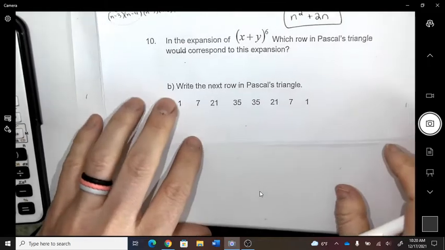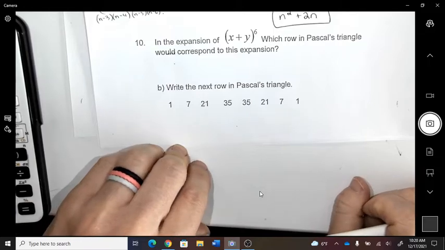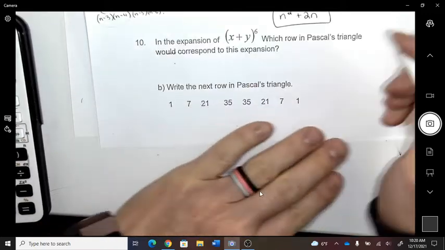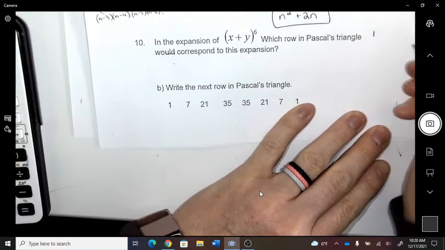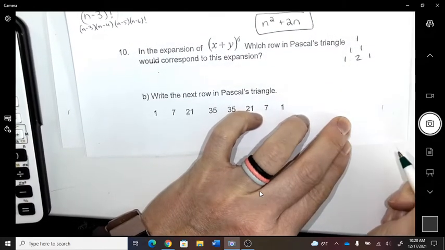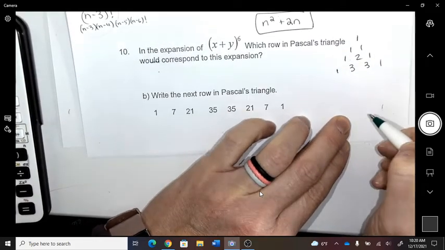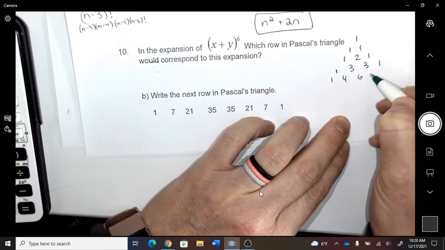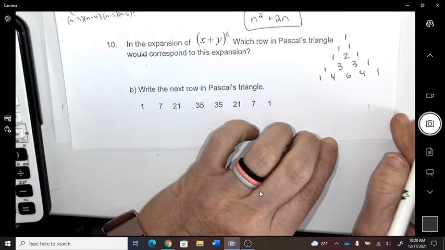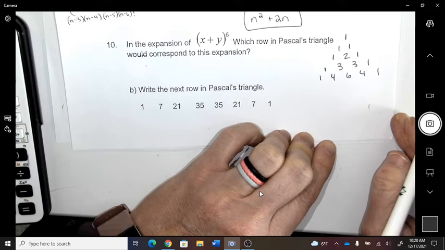Okay, in this expansion, which row in Pascal's triangle would correspond to this expansion? So let's go with a Pascal's triangle. 1, 1, 1, 1, 2, 1. What's next? 1, 3, 3, 1. 1, 4, 6, 4, 1. Are any of these yet the matching one? How am I going to know when I hit it?